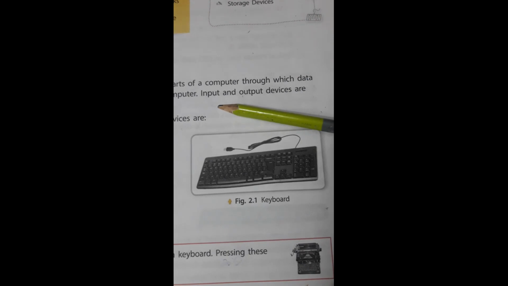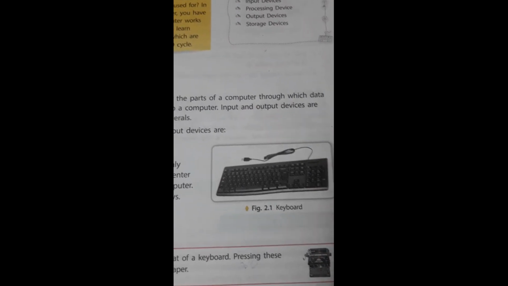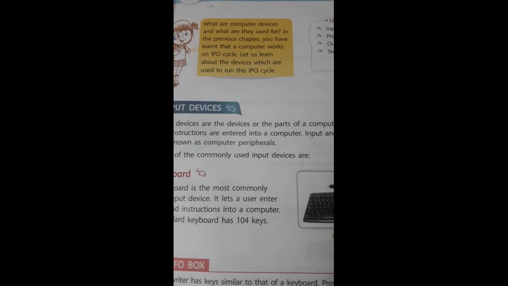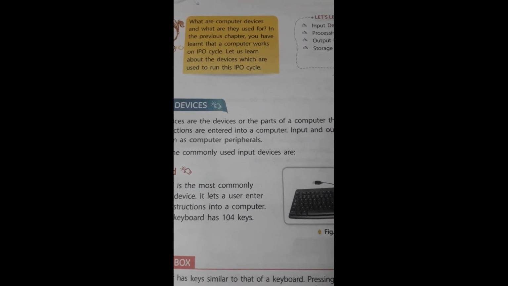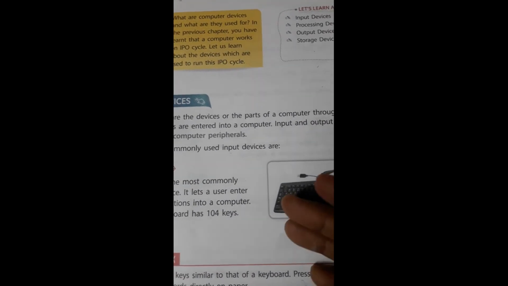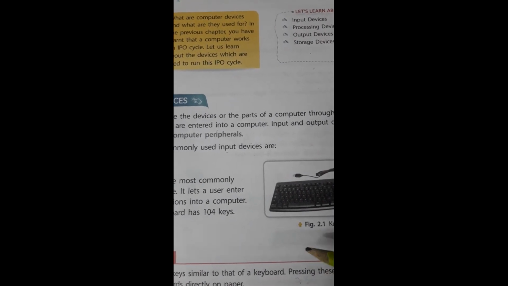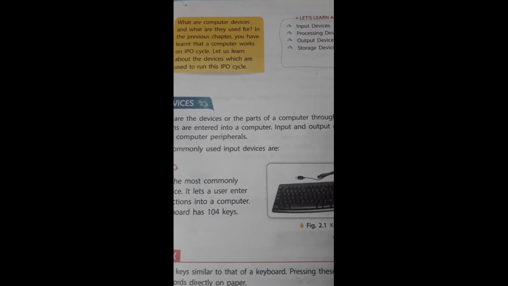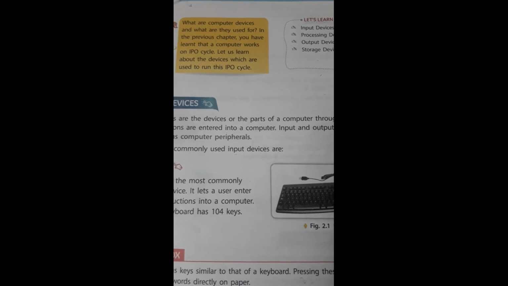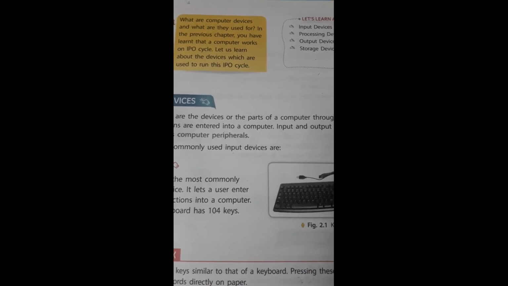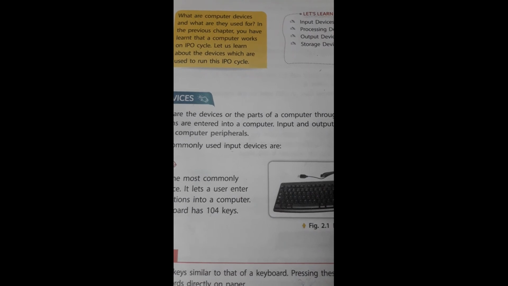Okay, students. So we can say that a keyboard enables us to type data and give instructions to a computer to make documents in a computer. It allows us to communicate with the computer. Got it?